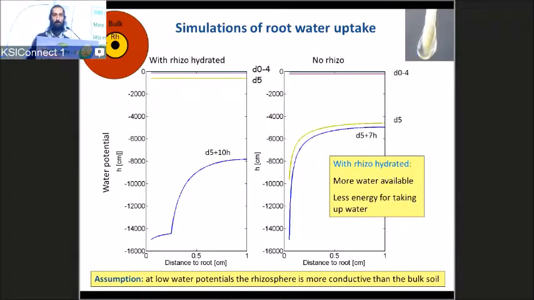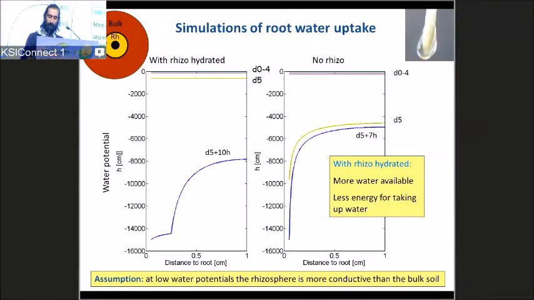What this finally means for the plant is that if you have mucilage, it's a bit easier to extract water from the soil, and also that more water is available at the given transpiration rate. So the plant will wilt a bit later. However, this is based on simulation. It's based on some assumptions.